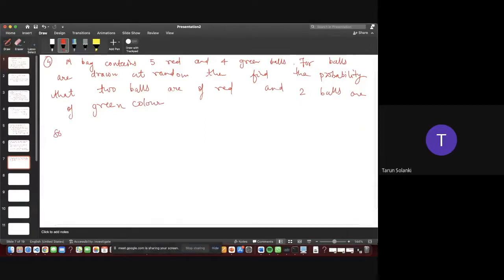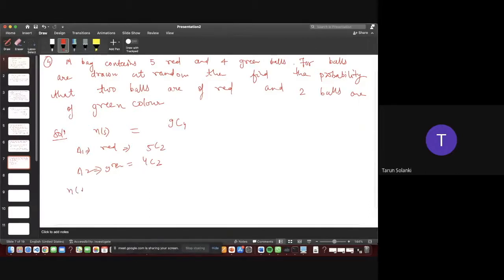Okay, so first we will write the sample events. So the total number of ways of drawing 4 balls out of 9 is 9C4. Now if A1 is the event of drawing 2 red balls out of 5, then for red it becomes 5C2, correct? A2 for green will be 4C2, because we are solving the event of drawing 2 green balls out of the 4 green balls.